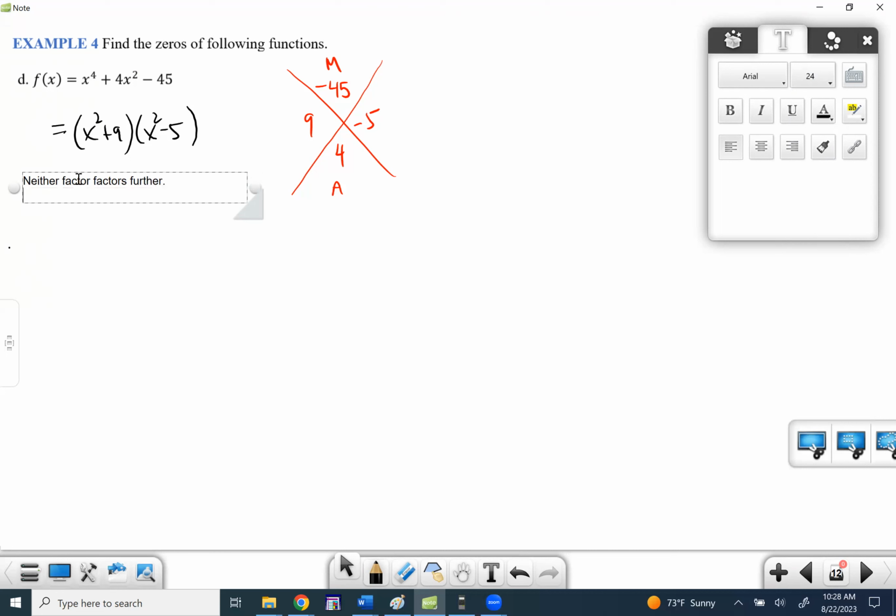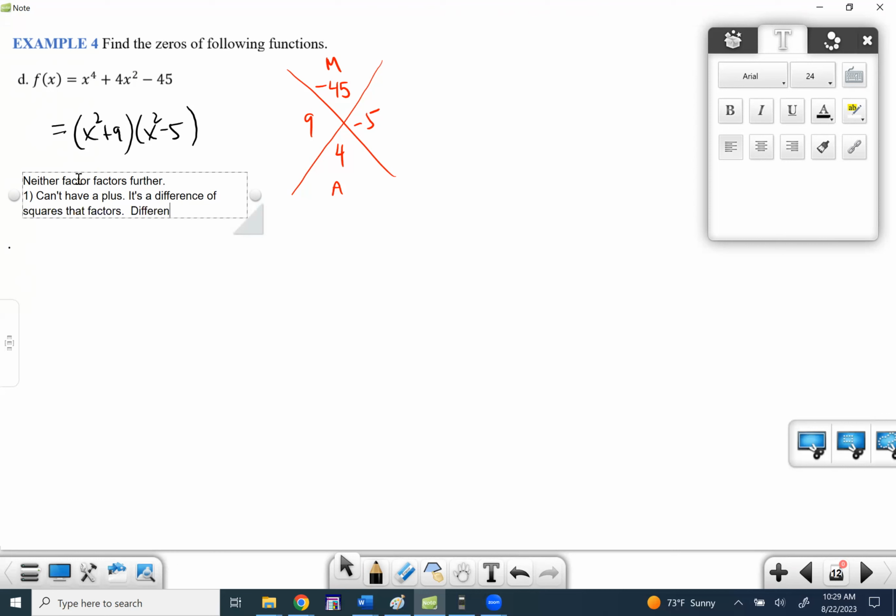The problem with the first one is it's a plus sign, okay? Actually, so I'm just going to say can't have a plus. It's a difference of squares. That factors.